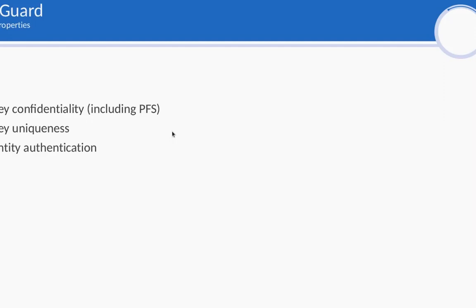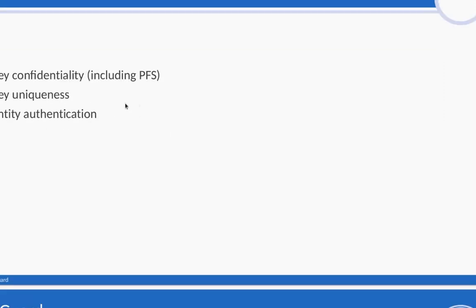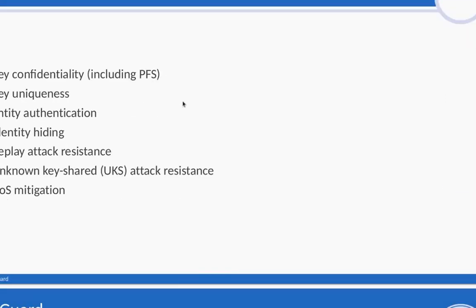As we'll see shortly, this implicit key confirmation will become quite a sore spot for proving the security of WireGuard. The creator of WireGuard noted this problem in his paper, and he said basically the responder should not send any encrypted data back until he receives the first data packets from the initiator. And those are the basic properties. With those covered, we can move on to more extra stuff.